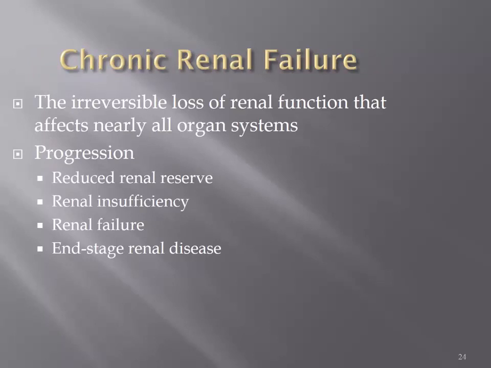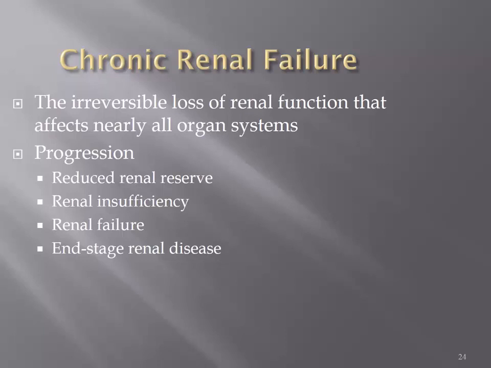Chronic renal failure is irreversible loss of renal function, and as with acute renal failure, it may affect organ systems outside of the renal system. However, in acute, because things may go bad and improve quite fast, this may not happen.